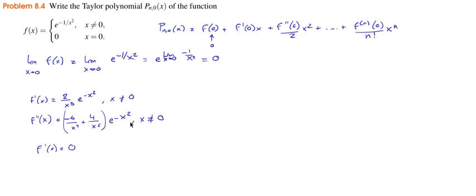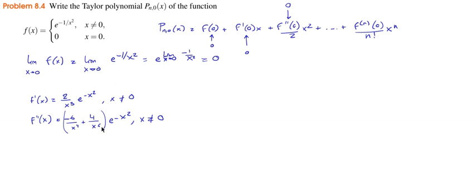And again, using the same argument, we can compute the limit and we reach that the second derivative at 0 is 0. Okay. And if you keep doing this, it seems that this is always going to be 0, right?